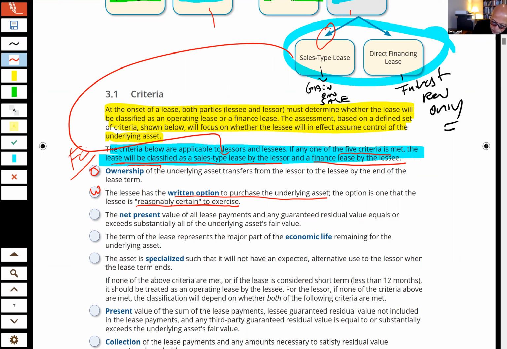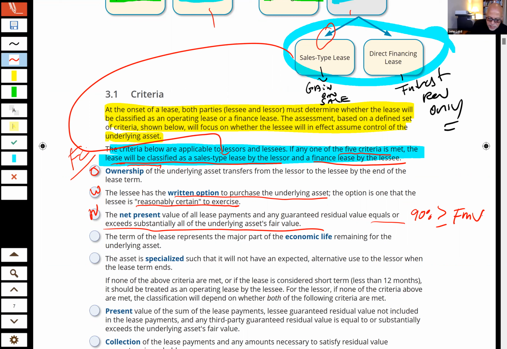Okay, the net present value of the lease payments equals or exceeds substantially all of the underlying asset's fair value. Now in the olden days, that meant that the present value constituted greater than or equal to 90% of the fair market value. So it's got to be a good chunk of that fair market value that the present value of the lease payments constitute.